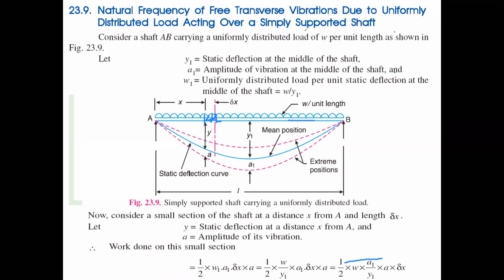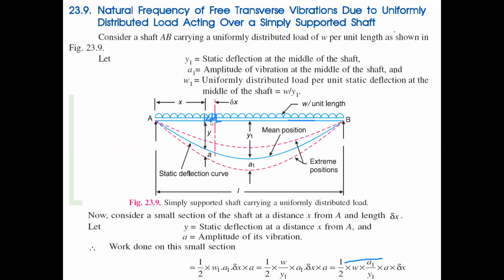Now we are going to write the work done on the small section. Work done is force into distance. So that is 1 by 2 into w1 and a1 into delta x into a. Just observe that. How much force is concentrating on this place?